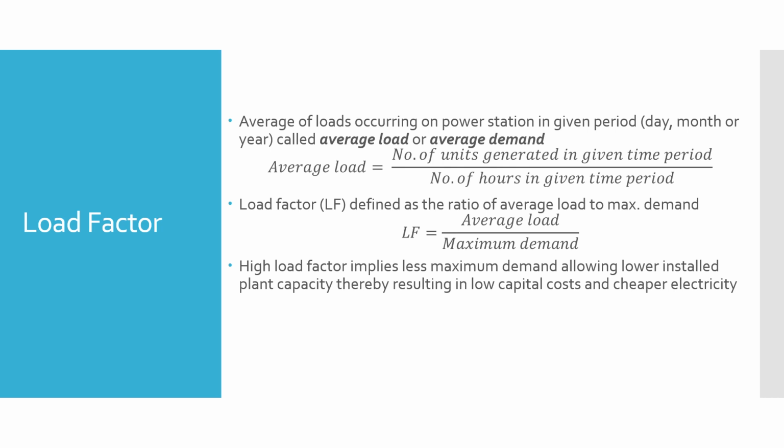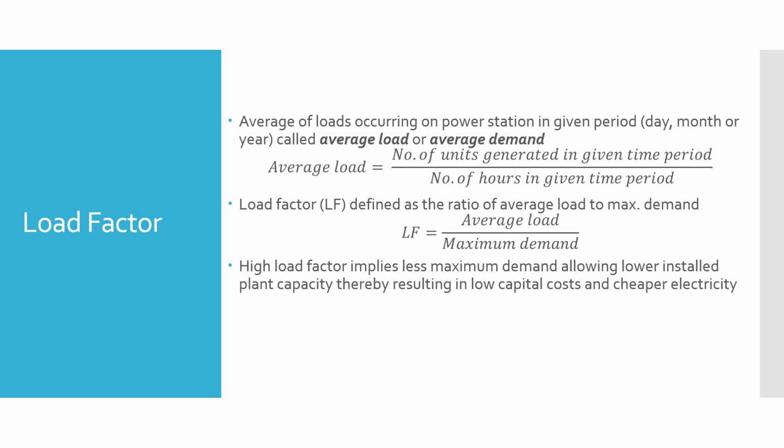If the maximum demand on the system and the average load on the system are exactly equal, then you only need to install a plant with the maximum demand. The plant has to meet the maximum demand, and that will also be able to meet the average load.